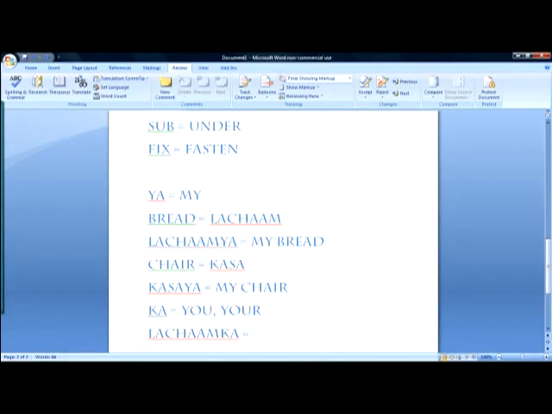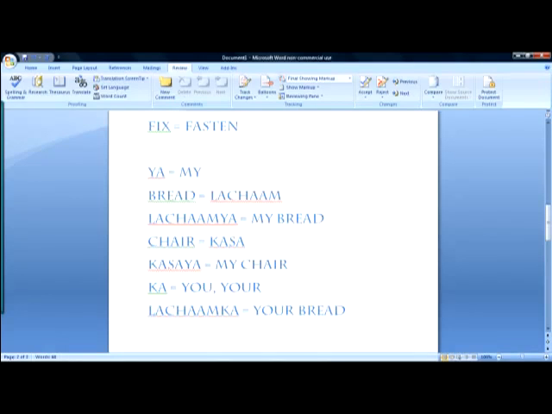Literally means your bread. Okay, the word kasa ka would be your chair, and that's what you do for every word. So anytime you see the ka at the end of a word, which is a suffix, that makes it you or your.